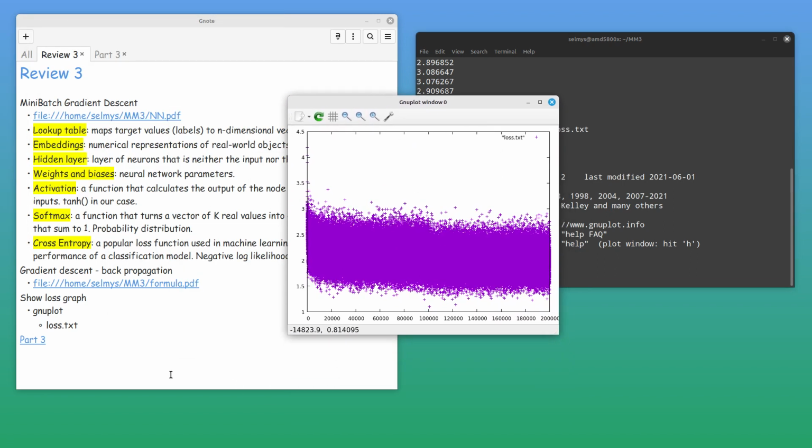And if you use your imagination, you can probably see that the loss is going down a little bit. This is after 200,000 iterations, but if you look really closely, you can definitely see there's a downward slope, to indicate that the loss is improving.